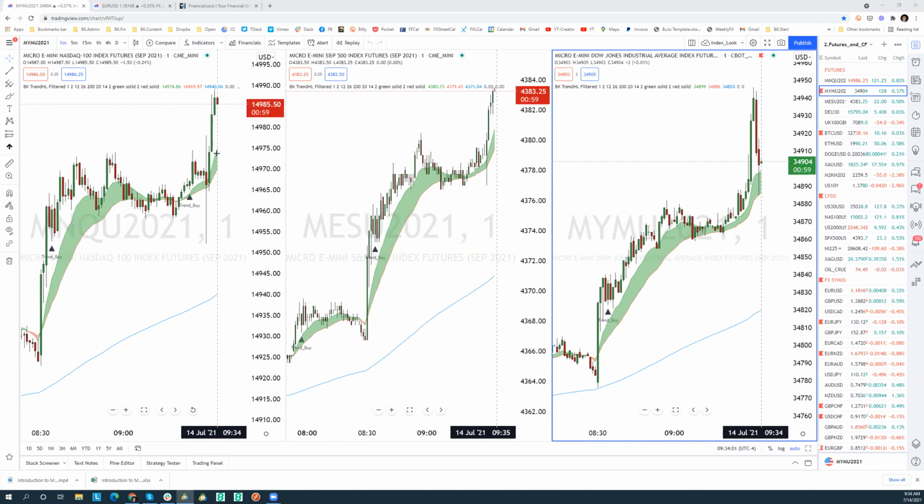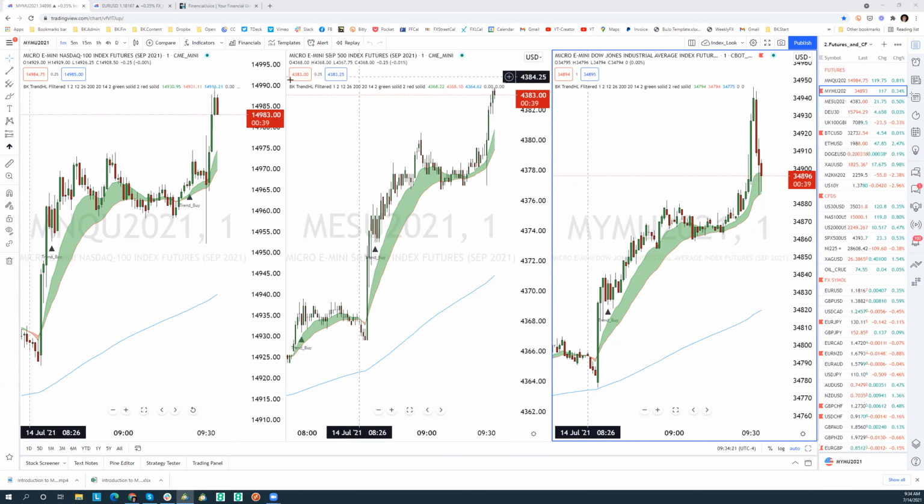I would be shocked if the Dow doesn't take out 35,000 today. So we just have to watch this carefully for a buy signal. Only once we get a trend buy signal do we want to try to position ourselves for it. I'll also be shocked if NASDAQ doesn't take 15,000.